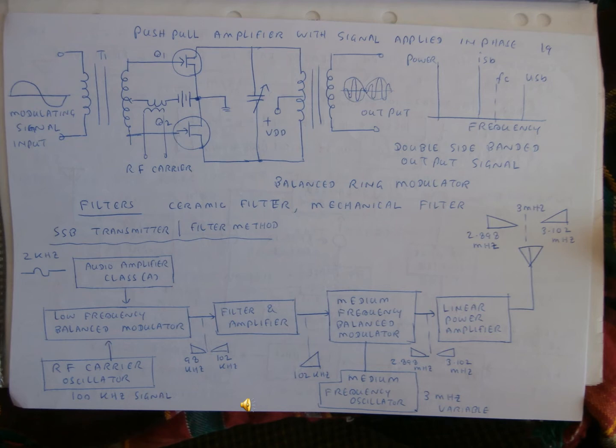Then the medium frequency balanced modulator with the medium frequency oscillator at 3 MHz gives the high frequencies 2.898 MHz and 3.102 MHz. These go to the linear power amplifier, and at the antenna the mid frequency is 3 MHz, with the lower sideband at 2.898 MHz and the upper sideband at 3.102 MHz as the output.